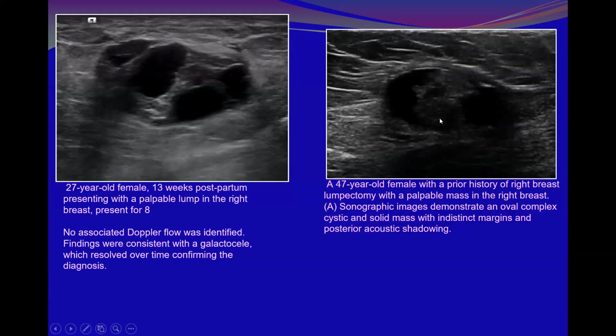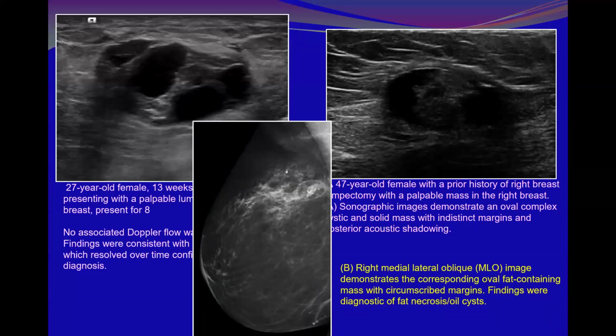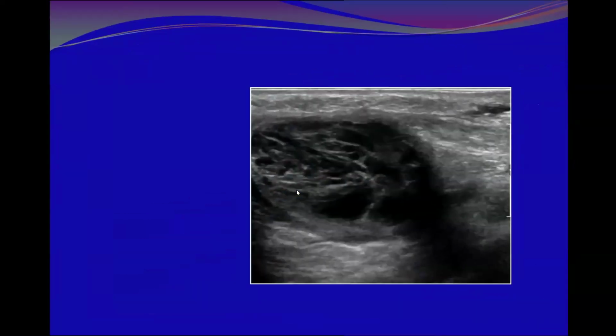While in this case, look at this one with posterior shadowing, a complex lesion, but the patient has a history of lumpectomy and the features go with fat necrosis, and it was proven by the corresponding mammography.